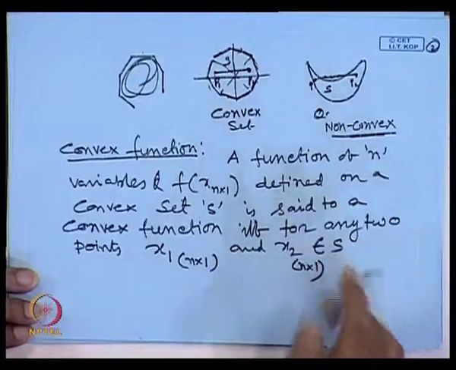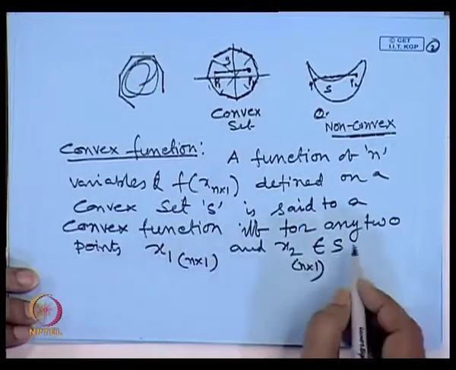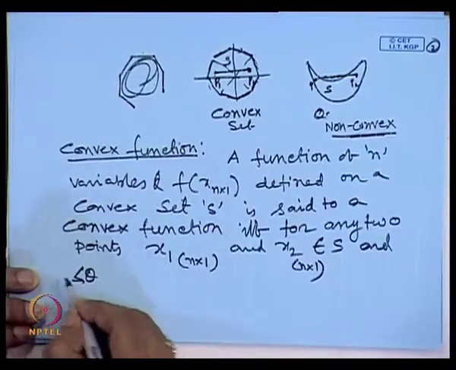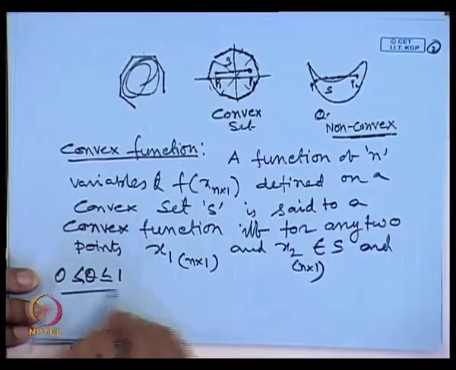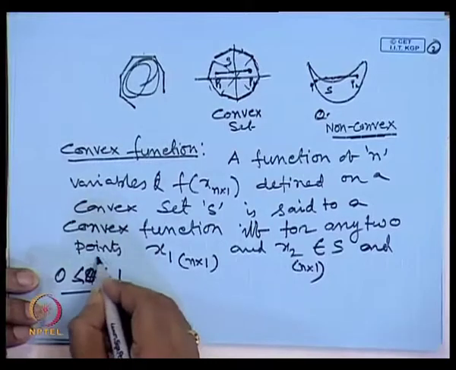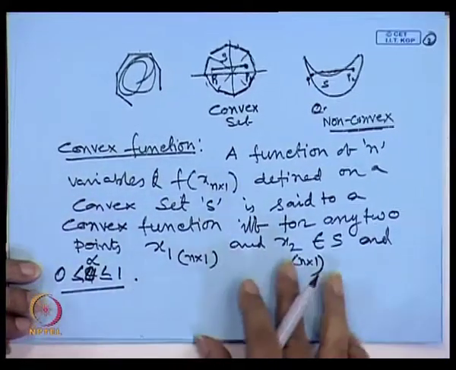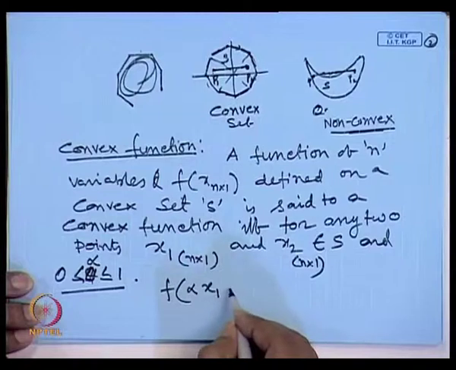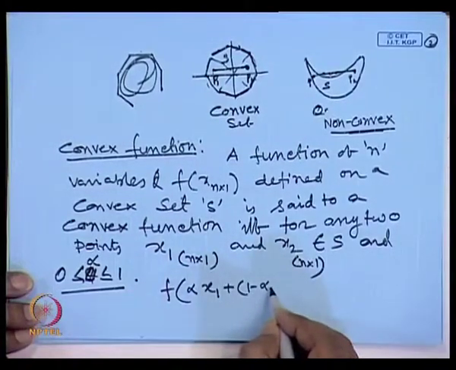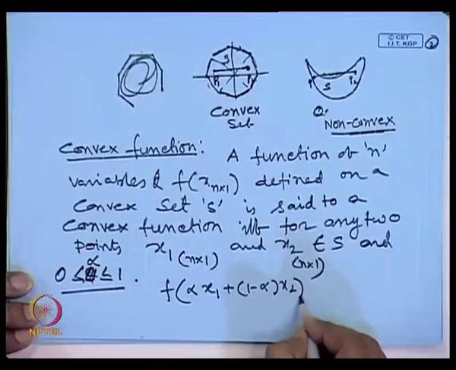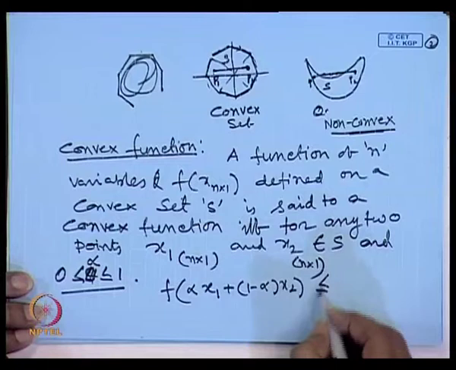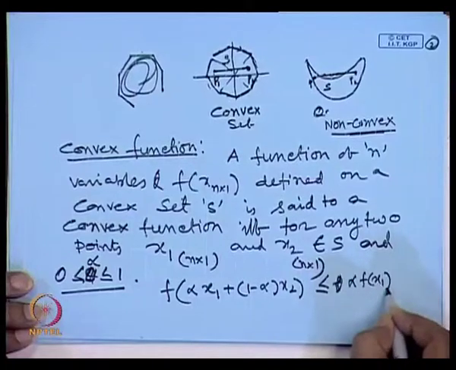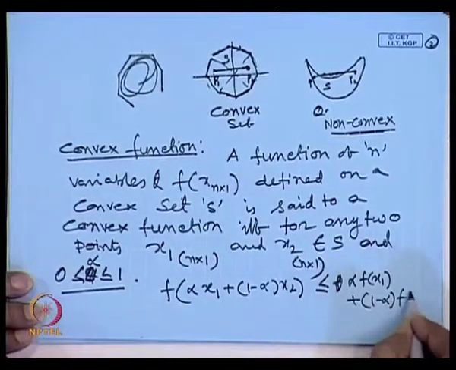x 2 has dimension n cross 1, and there is a scalar quantity theta greater than or equal to 0, or, since I have used alpha, alpha greater than or equal to 0, then one can write f of alpha into x 1 plus 1 minus alpha into x 2 less than or equal to alpha into f of x 1 plus 1 minus alpha into f of x 2.